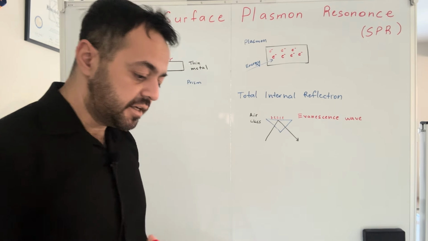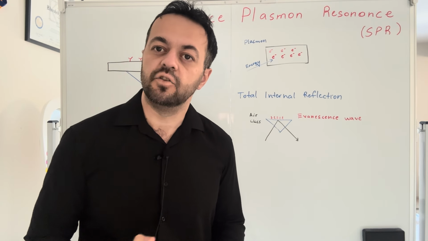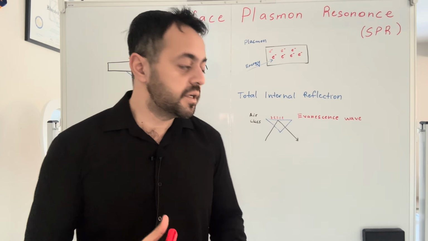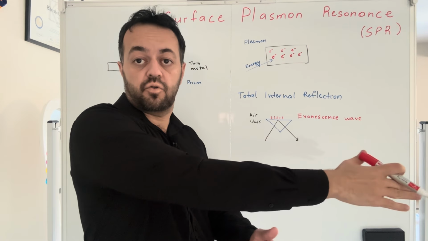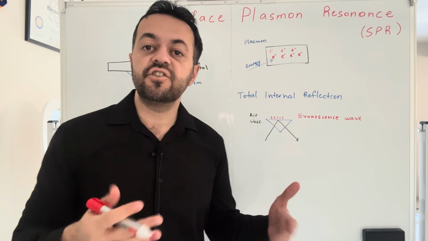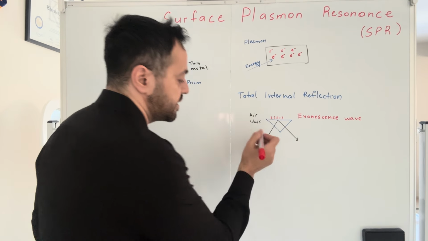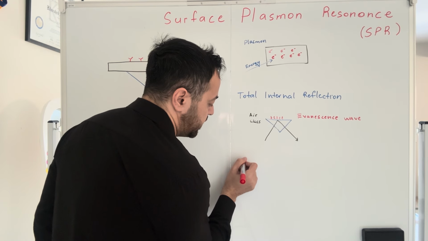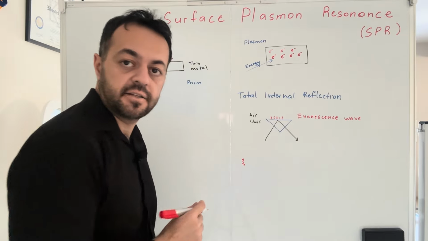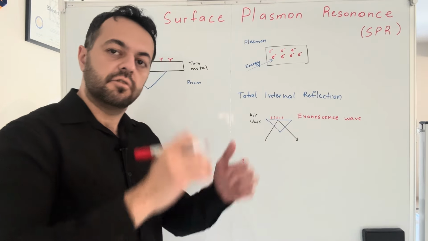Typically they say it's a non-propagating wave. That means it's not like a light that propagates. It decays exponentially. What that means is it starts strong, and then it slowly decays.